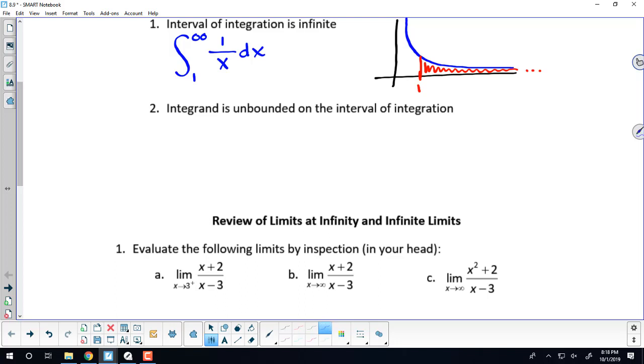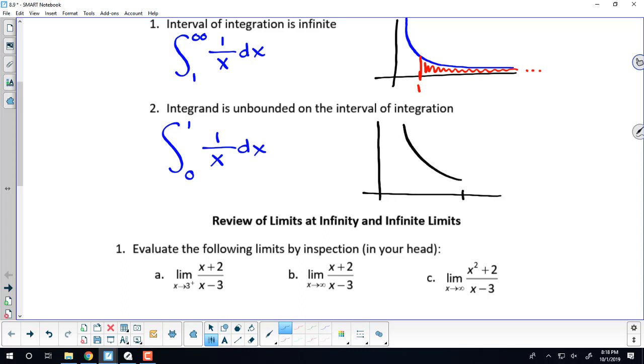And the integrand is unbounded on the interval. Could be something like the integral from 0 to 1 of the function 1 over x dx. No, I didn't do that justice.